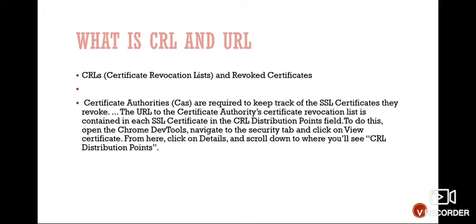The URL to the certificate authority's certificate revocation list is contained in each SSL certificate in the CRL distribution points field. To see it, open the Chrome dev tools, navigate to the security tab and click on view certificate. From here click on details and scroll down to where you will see CRL distribution points.